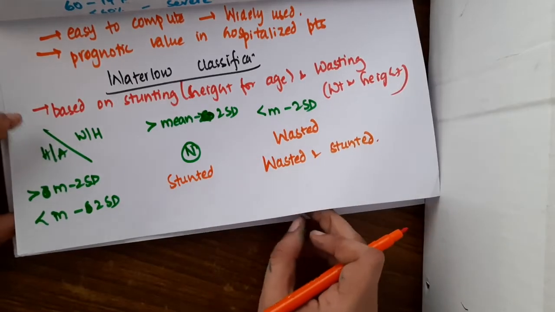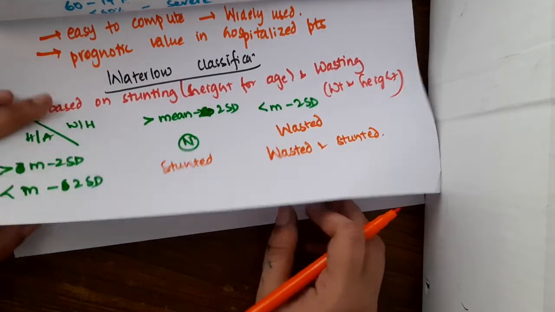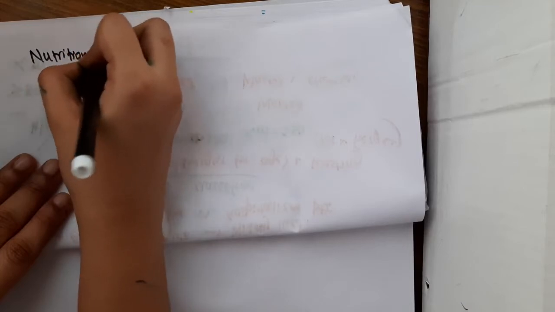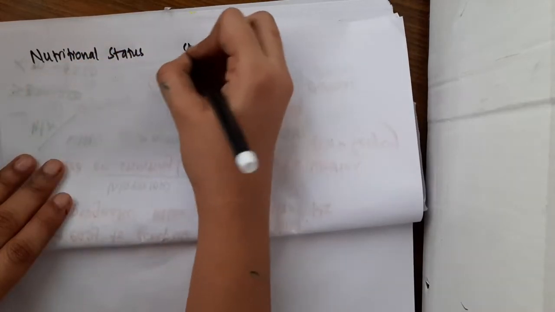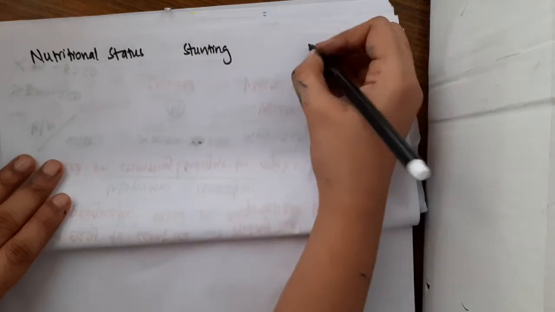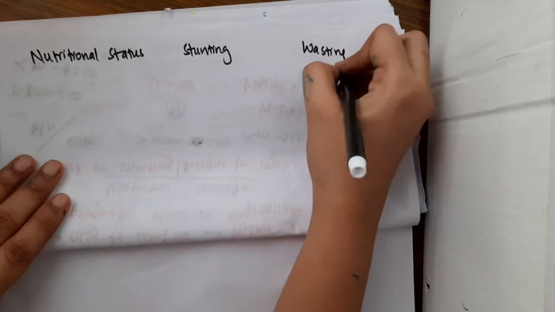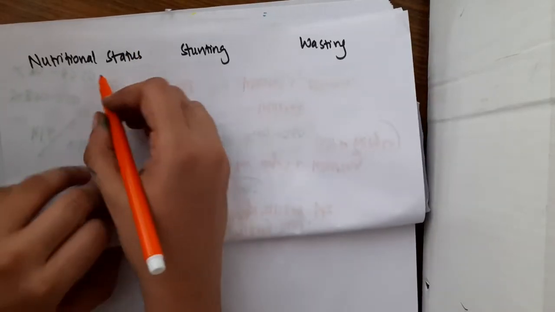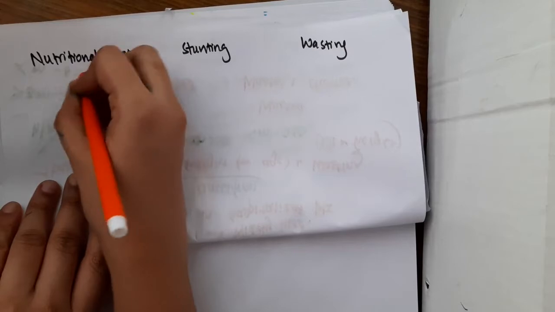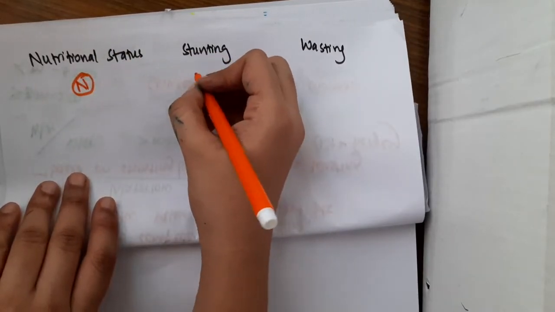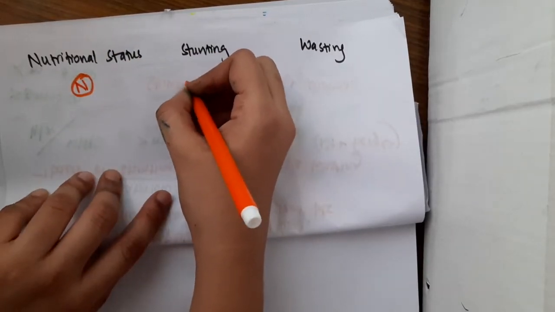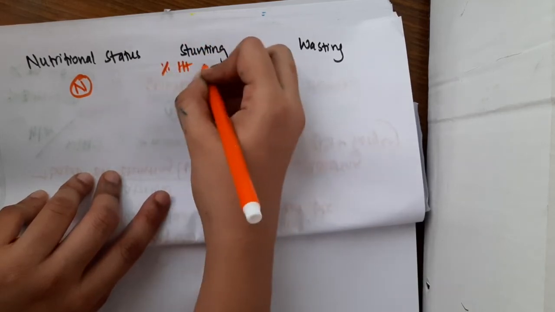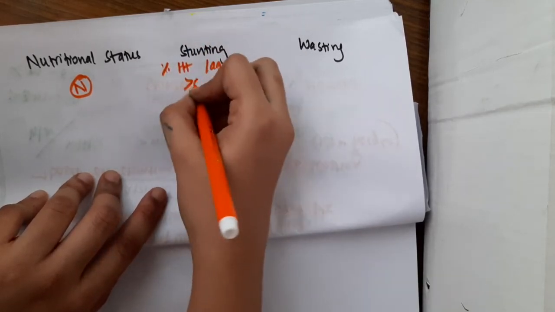Now, if you see the nutritional status and percentage, stunting and also wasting, if the nutritional status is normal in a child, then the percentage for height by age should be more than 95.